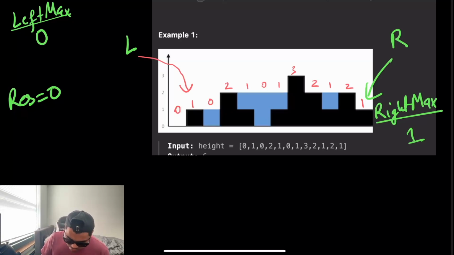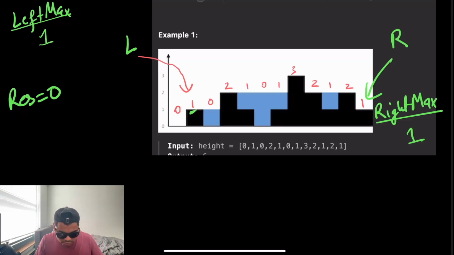Now I will update my left max with the maximum of current left max and the value that we are currently pointing to. So I'm currently pointing to 1. So the maximum of 1 and 0 is going to be 1. All right, so let me update this.